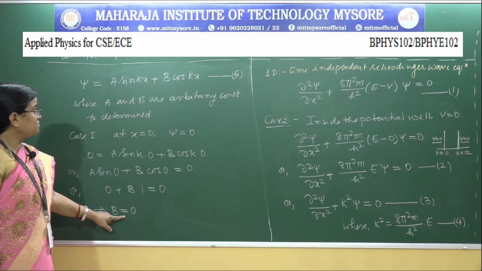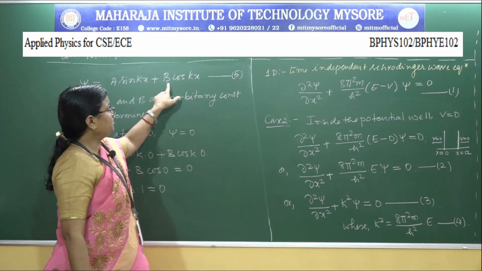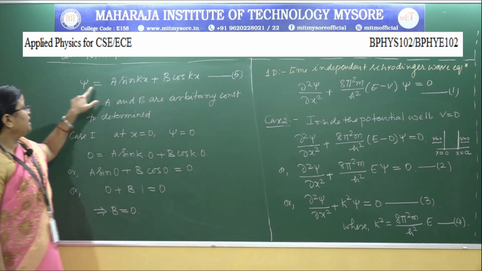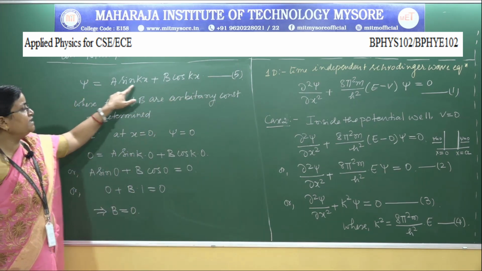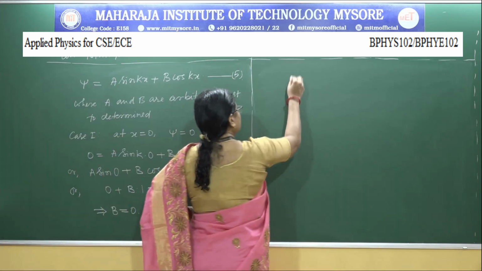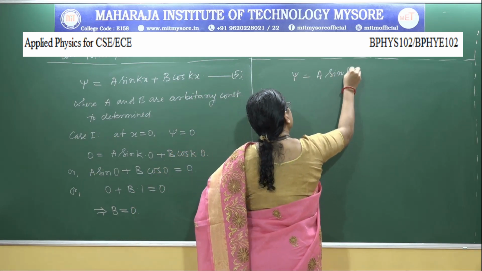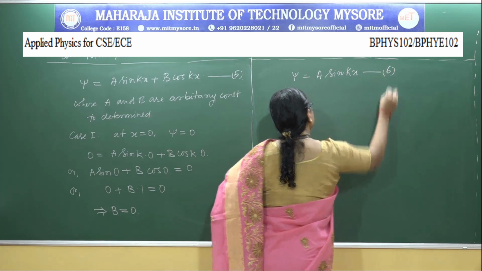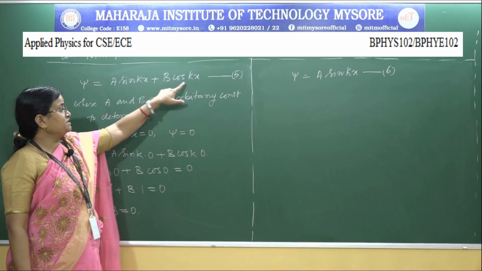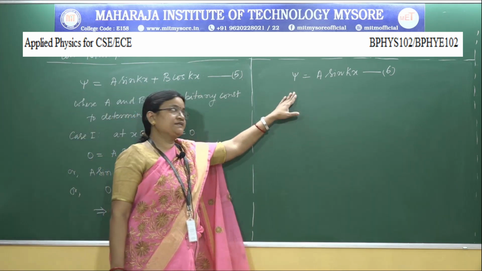If we substitute B = 0 in equation 5, this whole term B cos kx becomes 0 and ψ will take the value A sin kx.